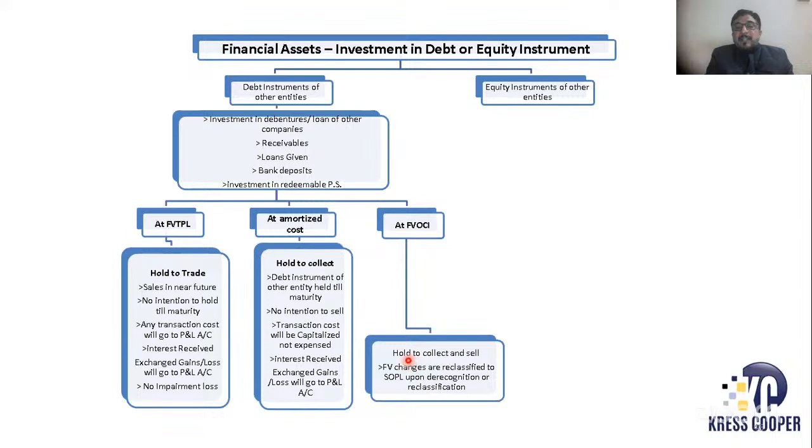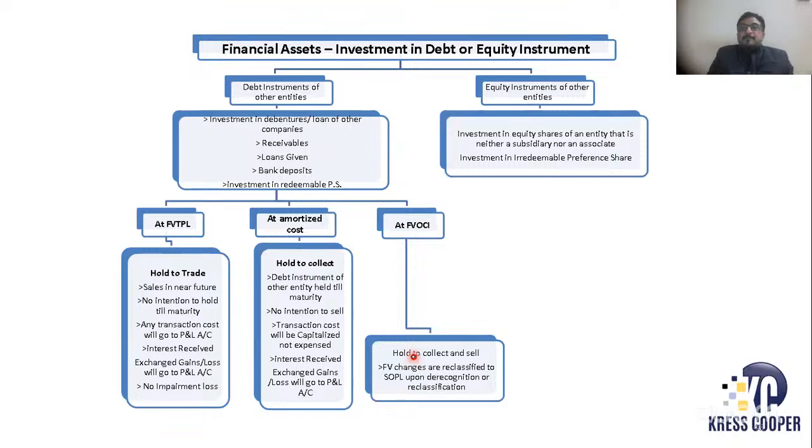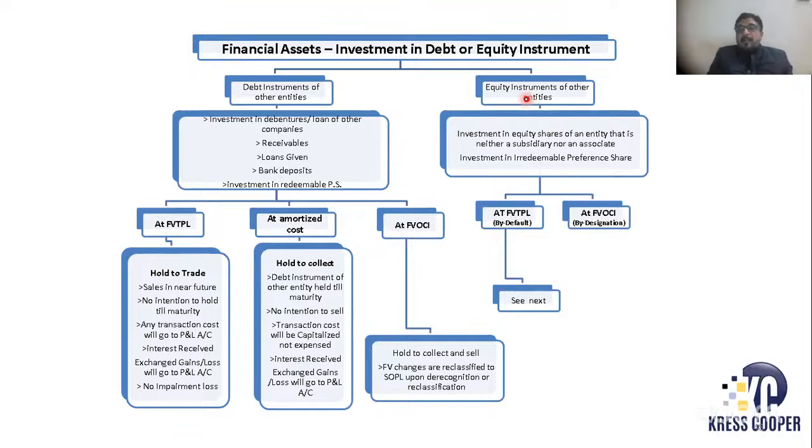If it is held to collect and sell, then it will be measured at fair value through OCI. Whereas an investment in an equity instrument, by default, should be measured at fair value through profit or loss, and by designation, we can measure it at fair value through OCI.